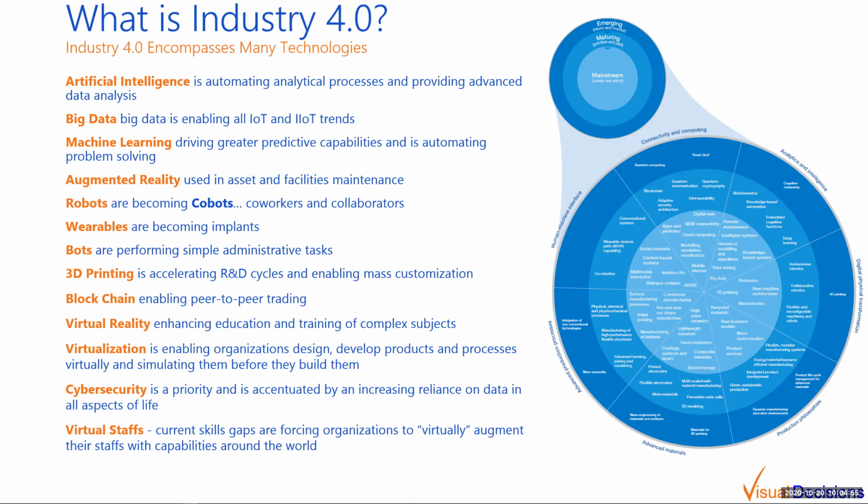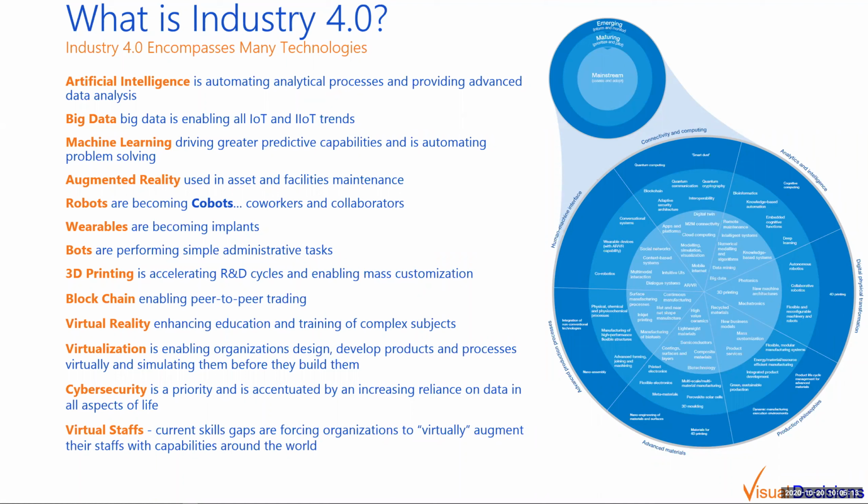And then it has different categories such as advanced materials and production philosophies and analytics and intelligence and so forth. And as you can see, there are a wide number of different technologies that are in play in Industry 4.0.